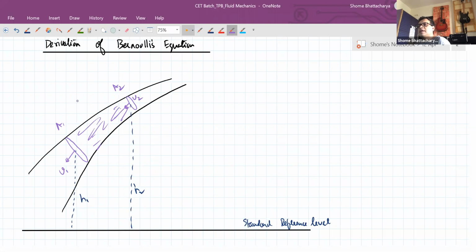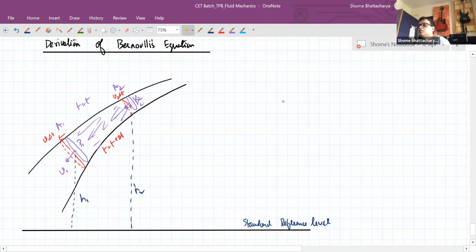Now, this we are considering at a time t equal to t. Now, very short time later, at t plus delta t, this whole body of fluid has moved somewhere here like this. It has moved to this new position where the displacement of this cross section of fluid will be V1 into delta T, and the displacement of this cross section of fluid will be V2 into delta T. Also, the fluid pressure here is P1, and the fluid pressure at this cross section is P2.